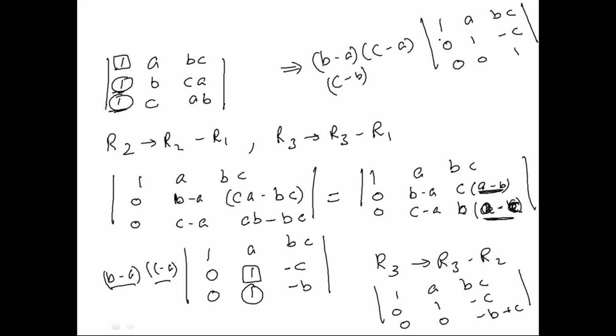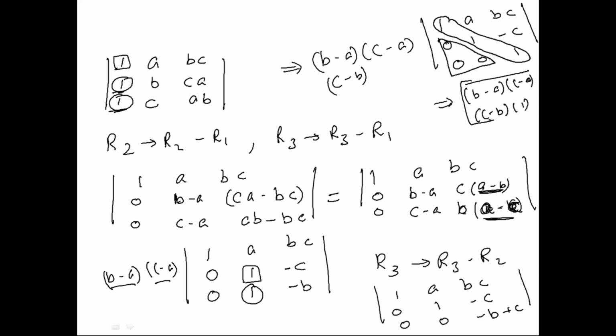Now you can see that it has become an upper triangular matrix, and an upper triangular matrix has its determinant as the product of the principal diagonal. So the determinant is 1 into 1 into 1. Hence the complete determinant becomes B minus A into C minus A into C minus B into 1. So this is my final answer.